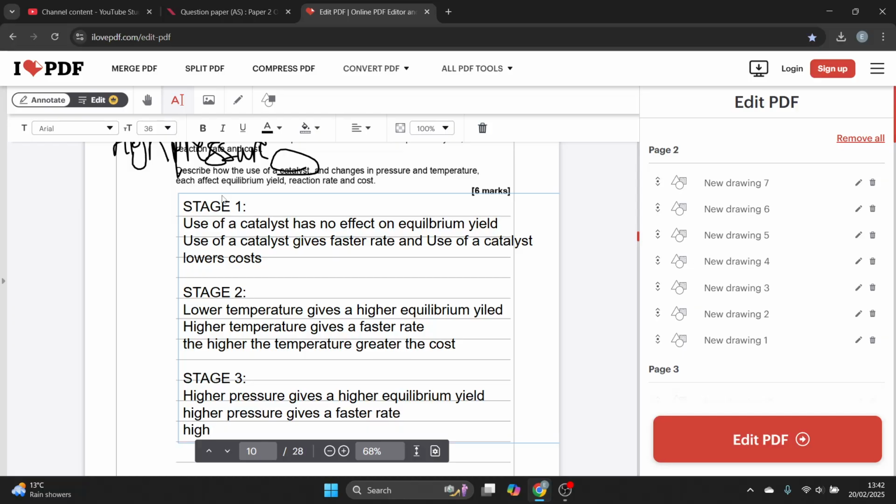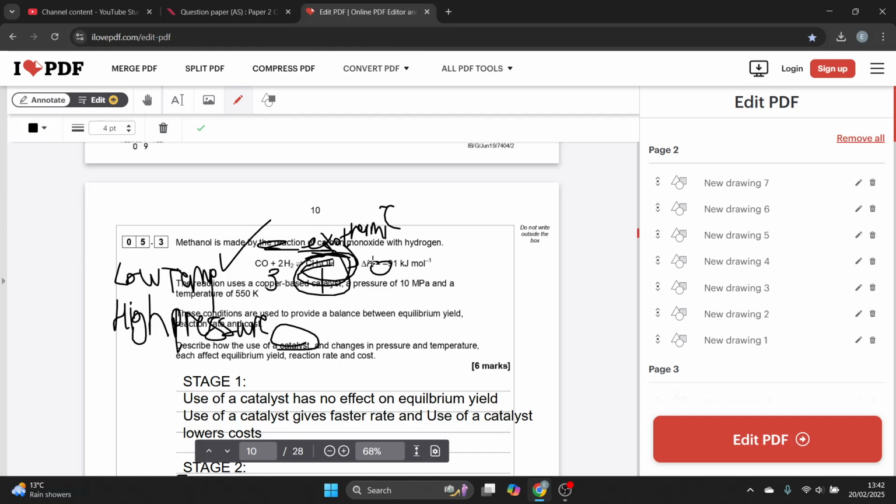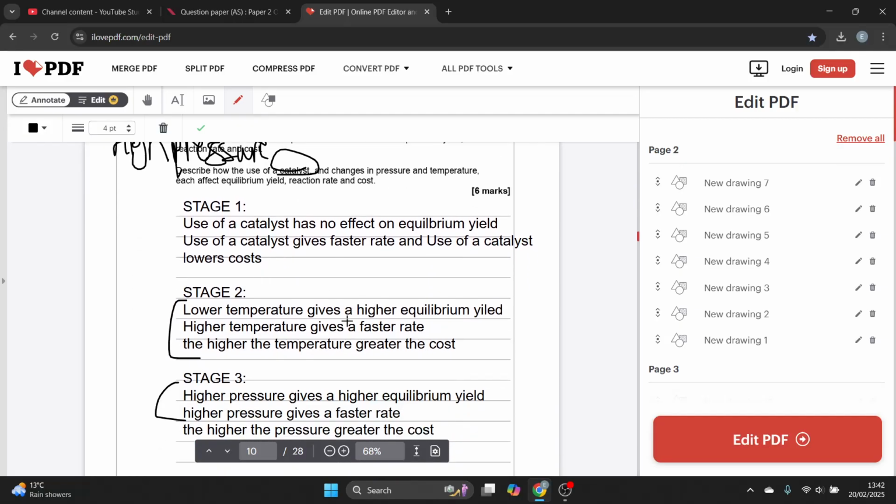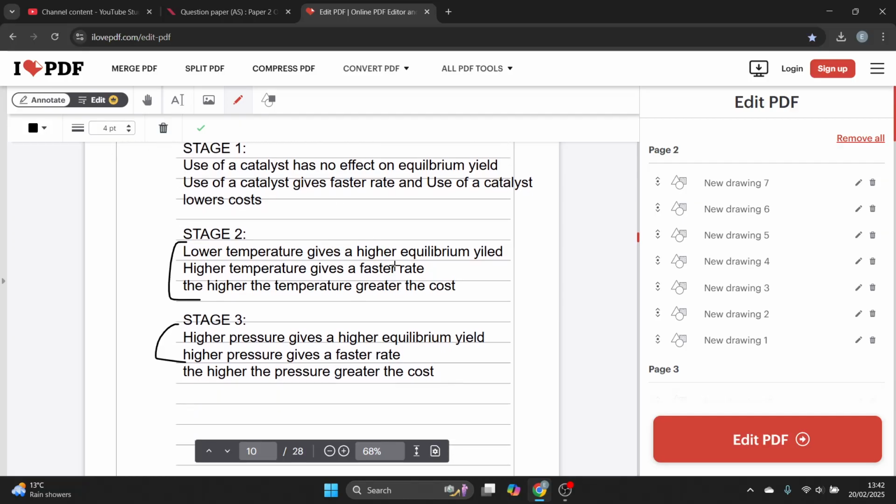However, the higher the pressure, the greater the cost. So temperature part and the pressure part, you just use exothermic, count number of moles, and then you see what happens if you want a high pressure or low pressure. And then you say that, but you also need to talk about the costs and all of that, equipment, faster rate, and then the compromise, right?